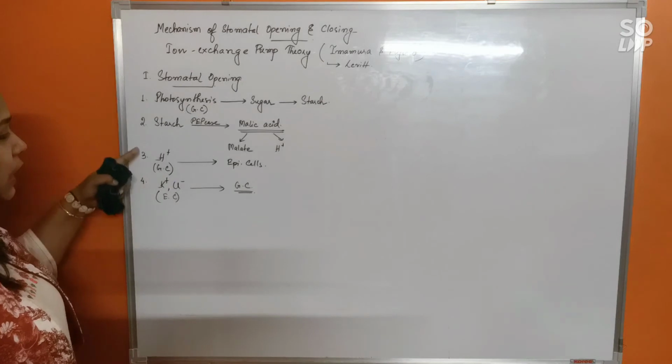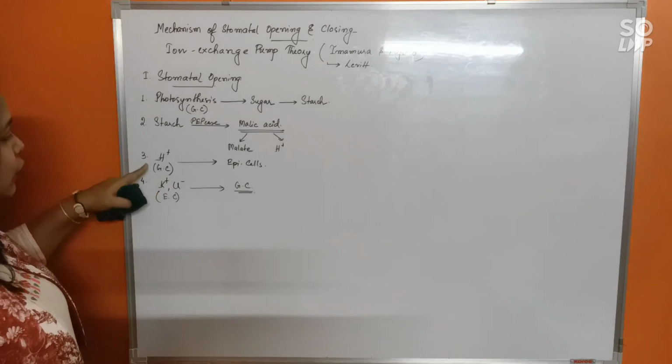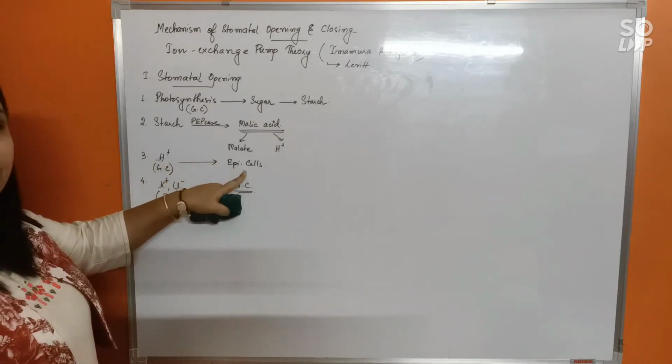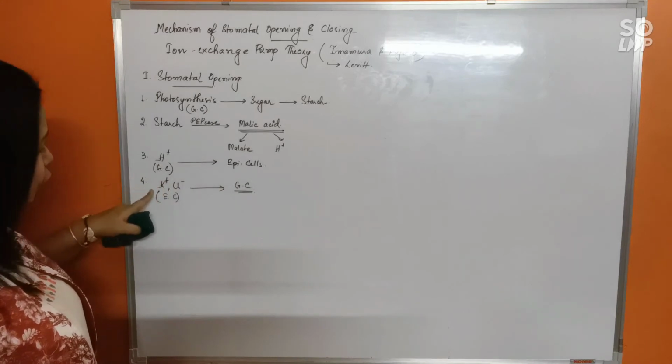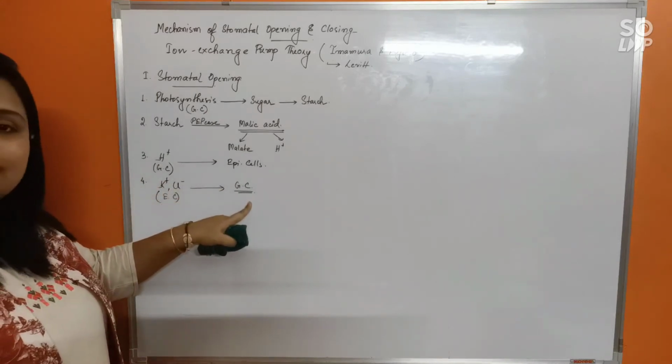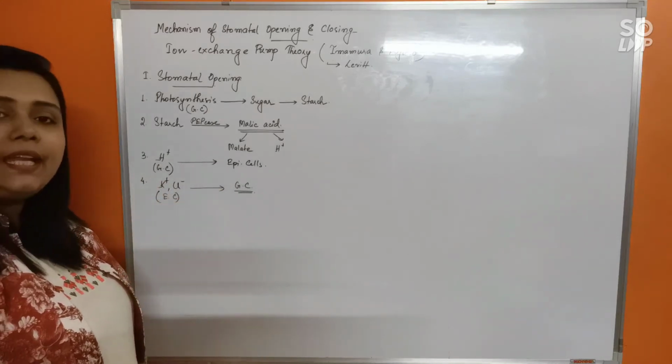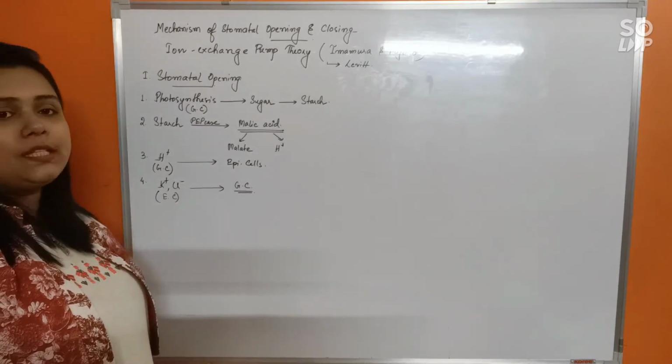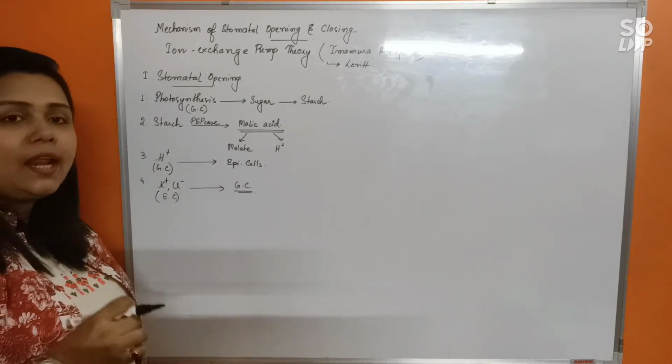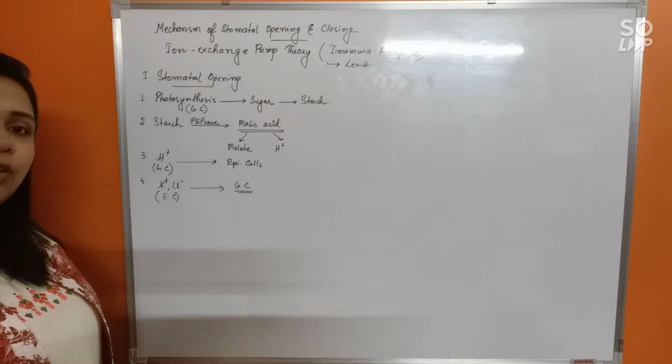So ion exchange has been created. H plus from the guard cell is moving to epidermal cells, and K plus from the epidermal cell is moving to the guard cells. This is called ion exchange pump, which has been set up between guard cell and subsidiary cells. Alright.